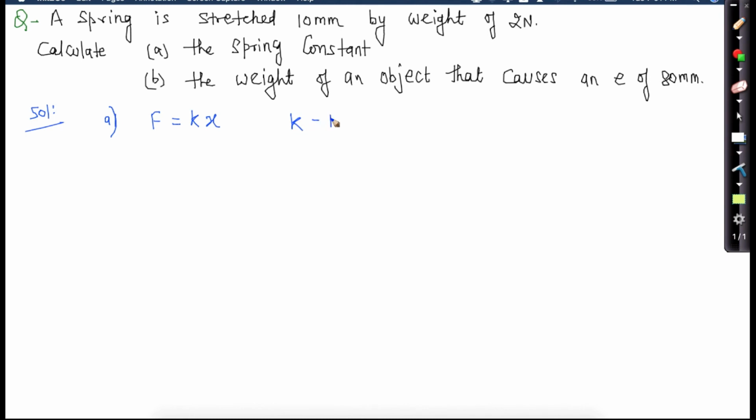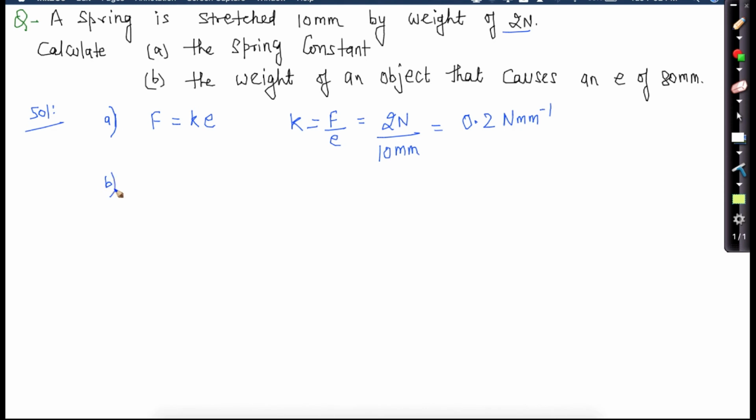So K is equal to F by x. x is basically extension, or it's better to use e because throughout I'm using e. So force is 2 Newton and the extension is 10 millimeters. So spring constant is 0.2 Newton per millimeter.